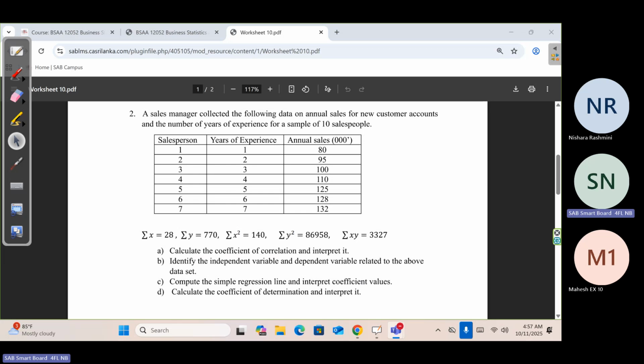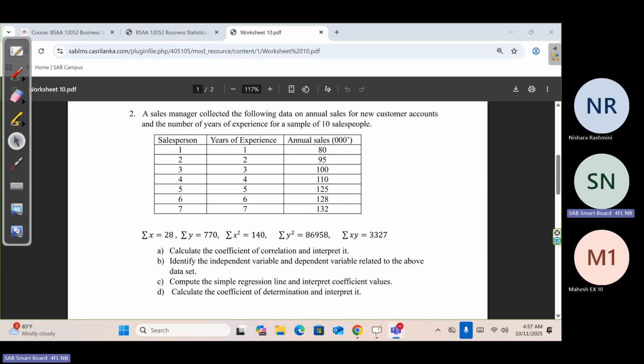What is the coefficient of determination? 96.4%.